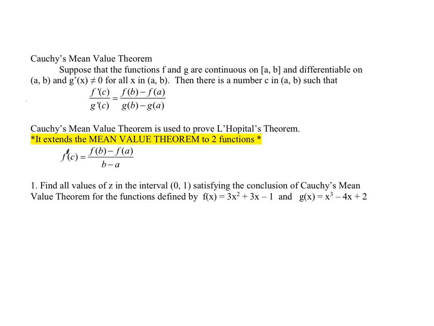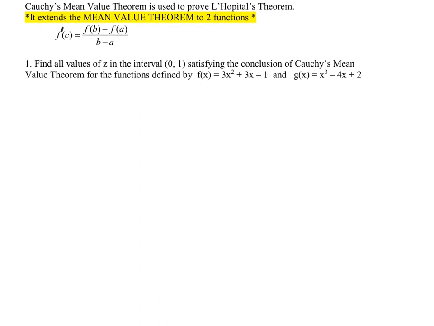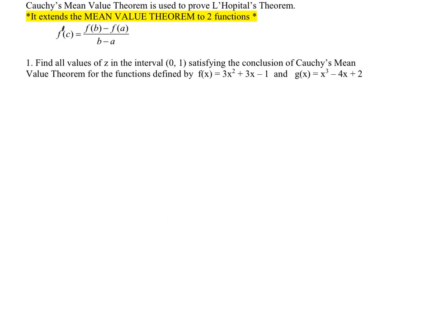Okay, so let's do an example with this right here. It says find the values of z in the interval 0 to 1, satisfying the conditions. Taking a look at this, here's what we got. We have f of x is that, g of x is that. And we want to satisfy the conclusion of Cauchy's mean value theorem. So we need f prime of x, and that comes out to be 6x plus 3.